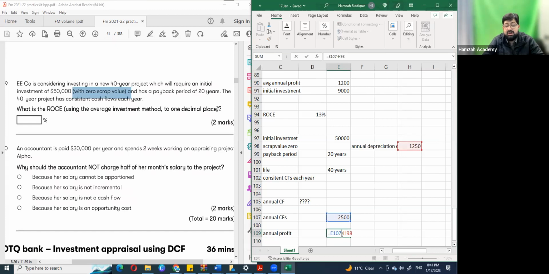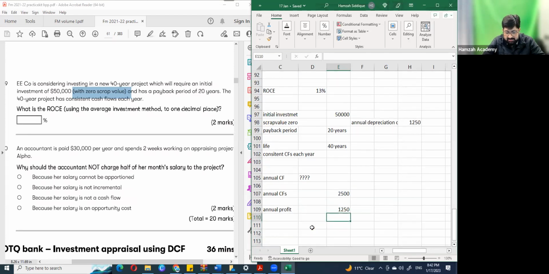Annual cash flow minus depreciation gives annual profit. Average investment.